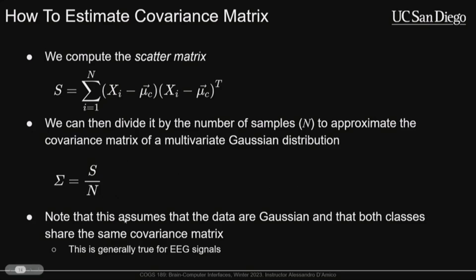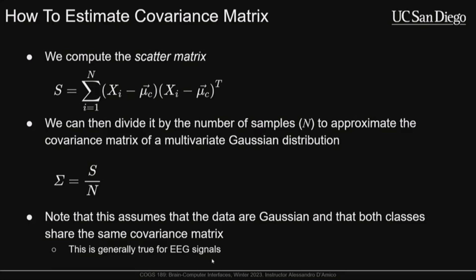And again, this assumes that the data are Gaussian and that both classes share the same covariance matrix, which is generally true for EEG signals. You could spend some time to think of counterexamples, but when we're dealing with an example like the P3B in an oddball paradigm, this tends to be true.